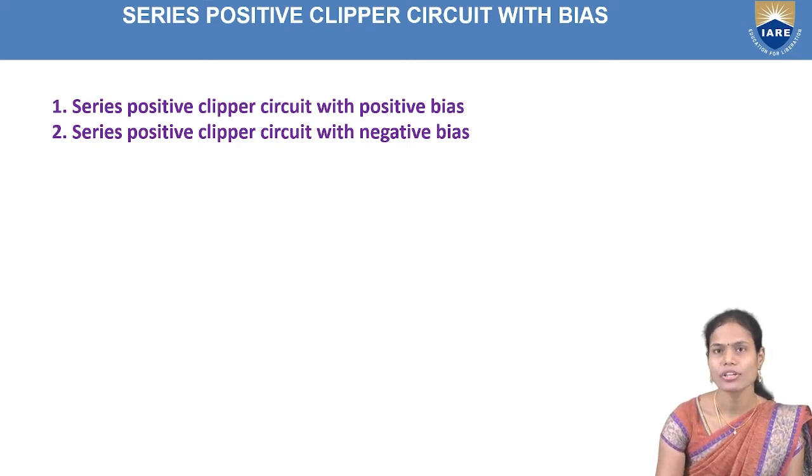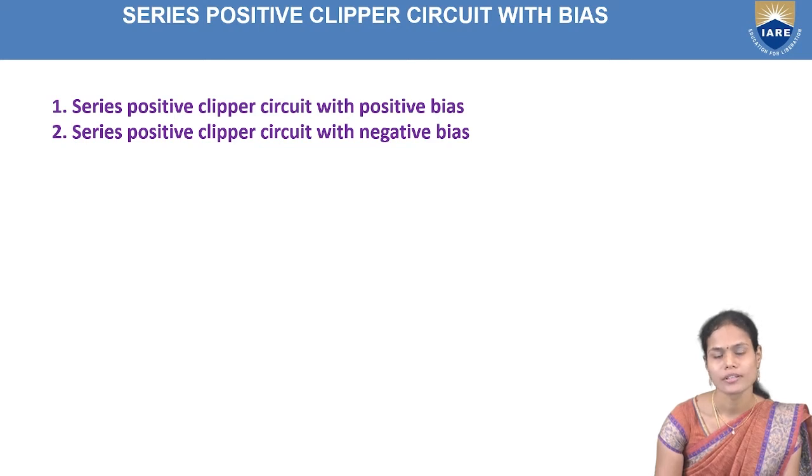So here we have two types of series positive clipper with biasing. The first one is the series positive clipper circuit with positive bias and the other is the series positive clipper circuit with negative bias. To make a series positive clipper with bias, we just need to add one battery.